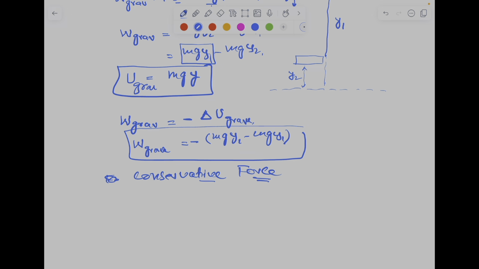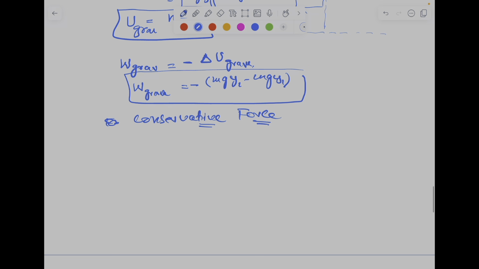force. So the conservative force is defined as, if we wanted to move an object from point A to B, we can either go like this, or can go like this, or can go like this.